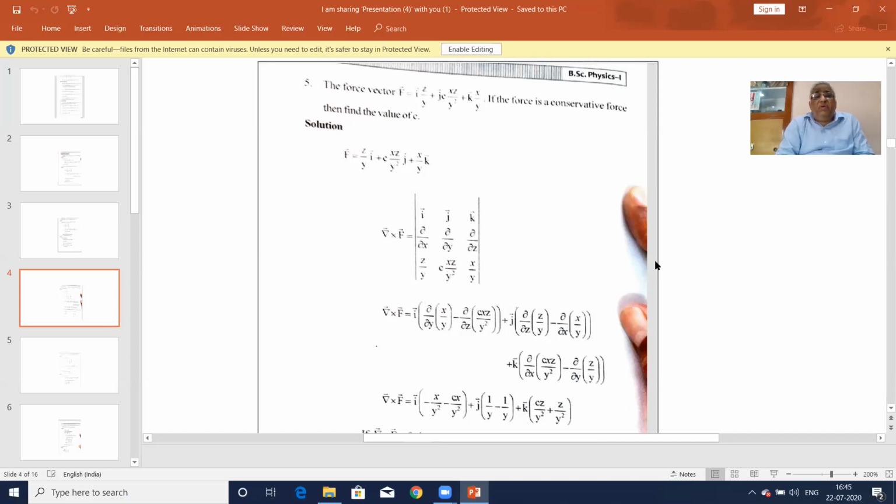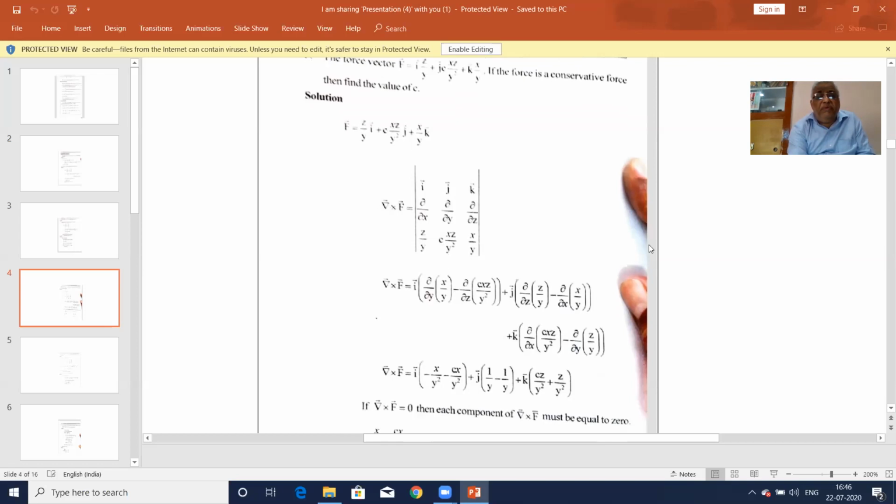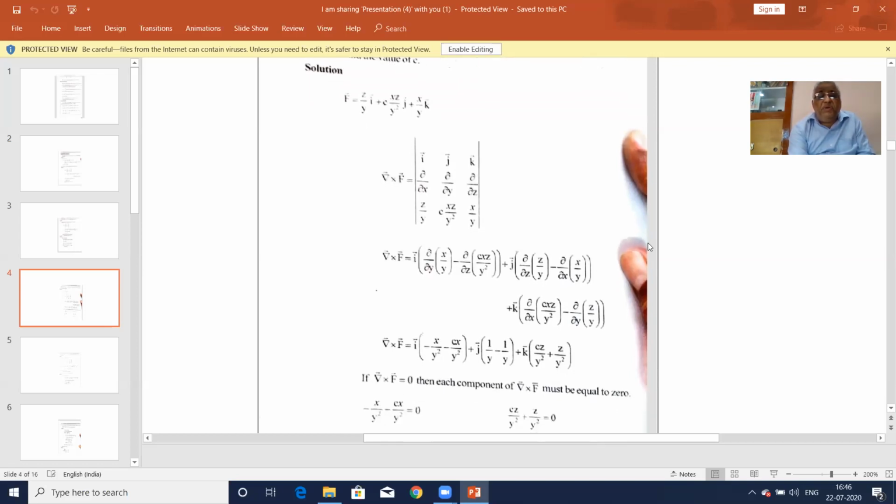From the definition, if the force is conservative, the curl of that force should be equal to 0. So you find the curl of that force by writing it in the usual matrix determinant form and substituting the values.